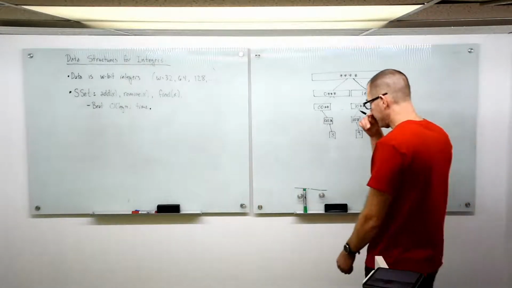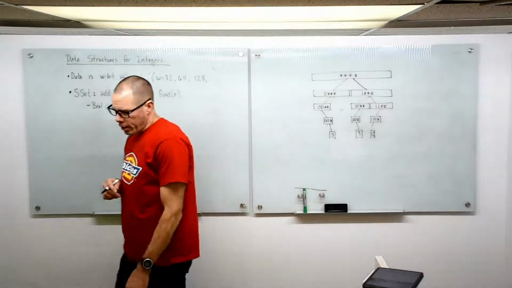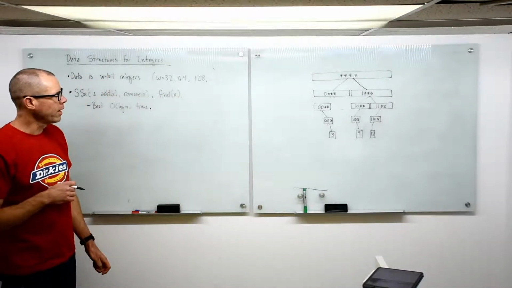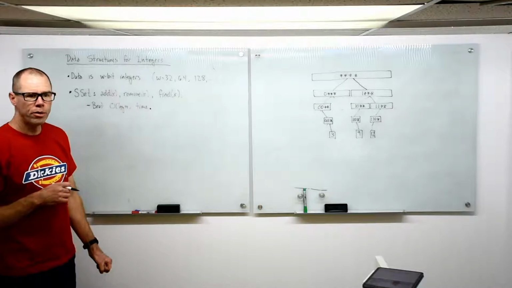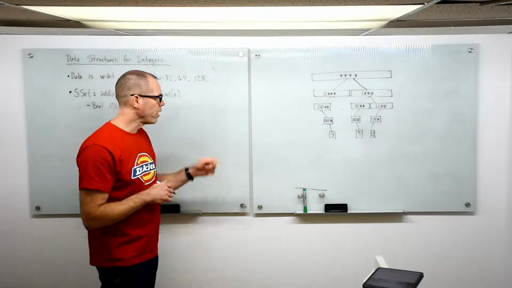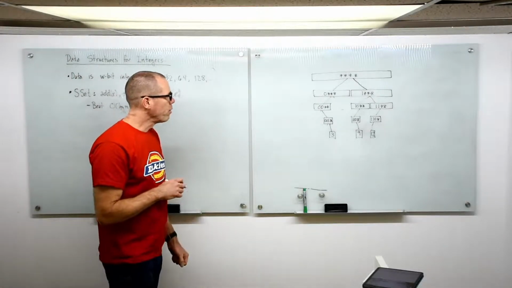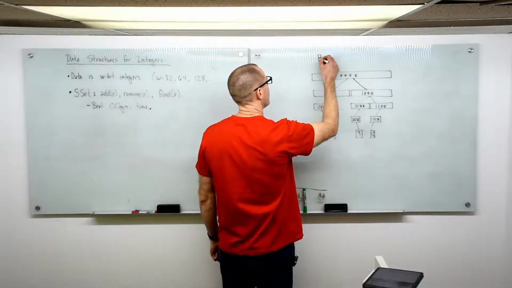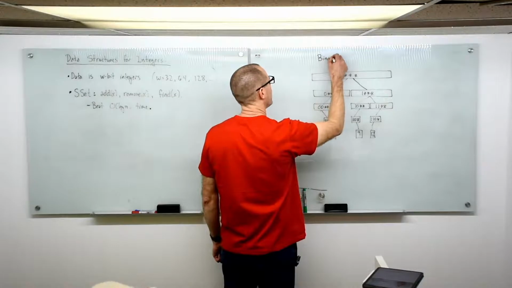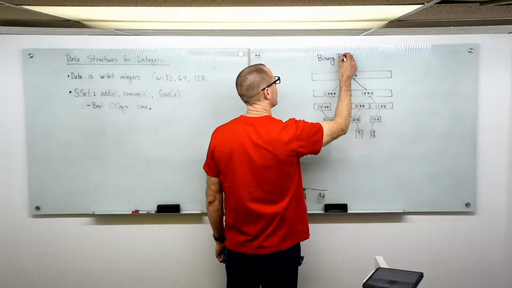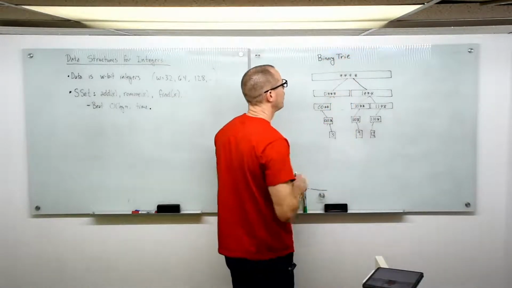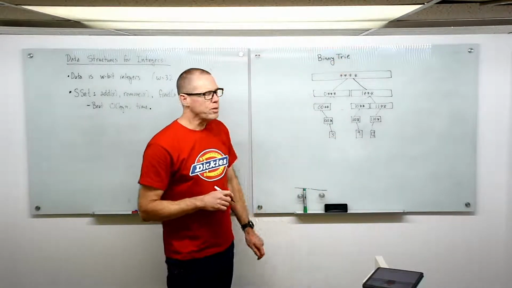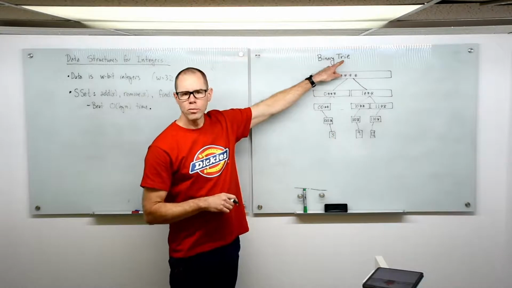So let's start with the most basic thing and work our way up to faster and faster things. All right, so the most basic structure you could think of is what's called the binary trie. I will pronounce it binary trie, but actually this word you're supposed to pronounce tree.